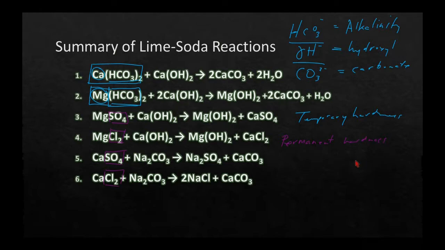Okay, so it doesn't matter which species of hardness we're talking about, temporary or permanent, it's all going to form scale. If it gets to the boiler, it's going to form boiler scale. However, the permanent hardnesses are not alkaline. Only the temporary hardness is.